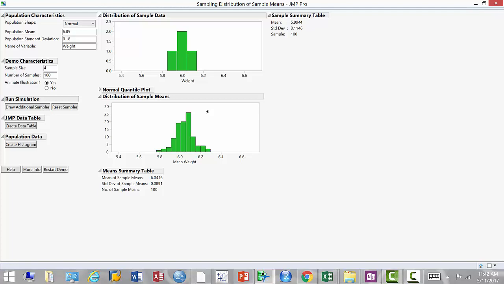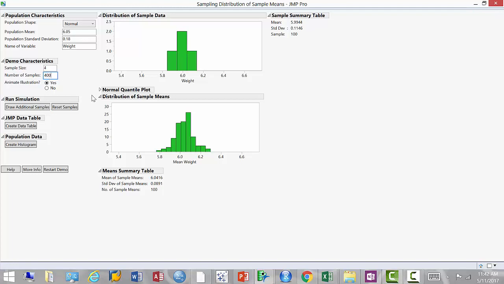So, does it look like it's more or less symmetric? Yeah. Give or take, here or there, right? Does it look like it's bell-shaped, more or less? Normally distributed? More or less, yeah. So let's draw additional 100 samples, right? Let's actually do 500 samples, right? So let's run this thing for another 400 observations.